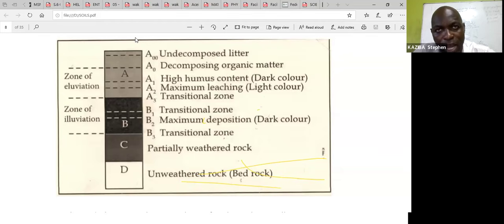Now you have to convert the feet into centimeters. Are you together? So you get the 50 feet times, if the units are in feet, multiply by 30. If the units are in meters, multiply by 100.